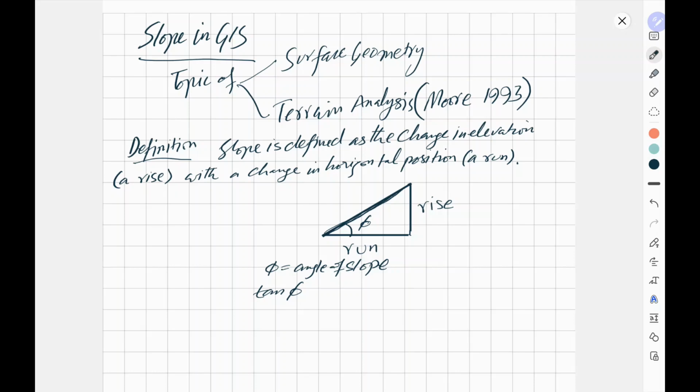Mathematically speaking, you can define slope as follows.